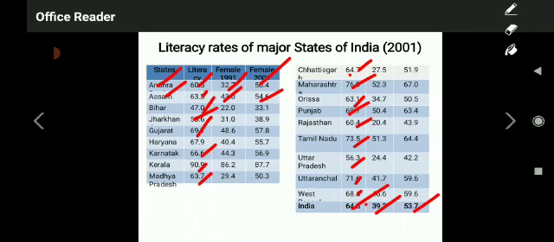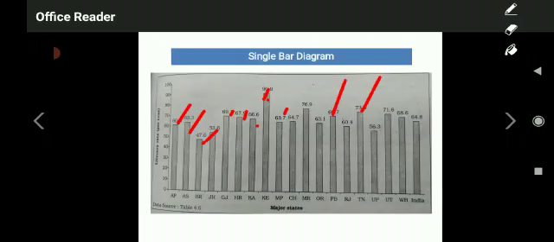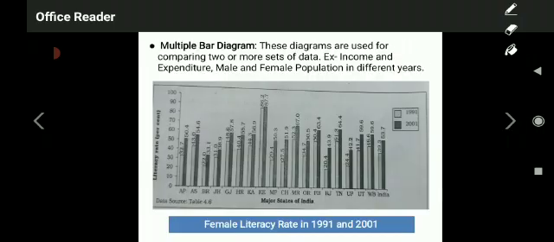Now look at the same thing with the help of a multiple bar diagram. Again, I have marked the percentage of female literacy rate on the OY vertical axis and the names of the different states on the OX horizontal axis.